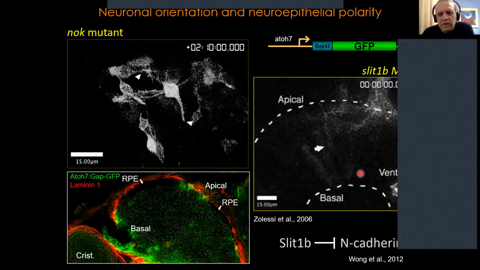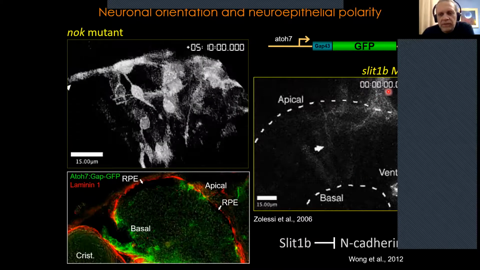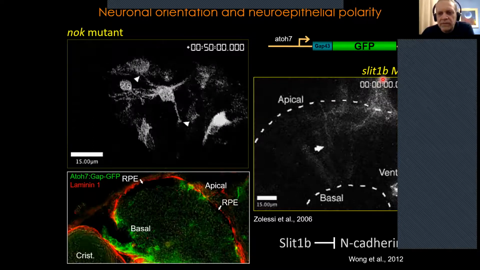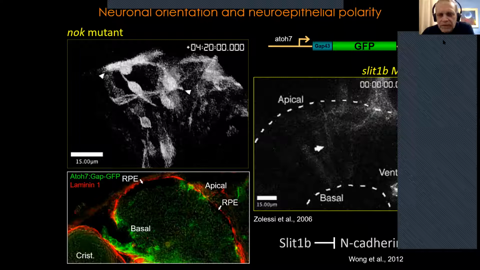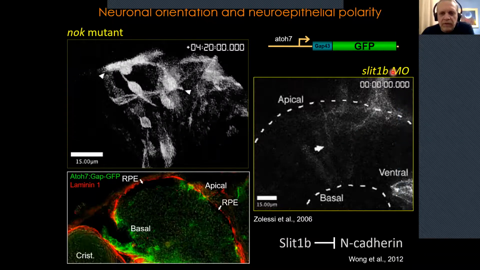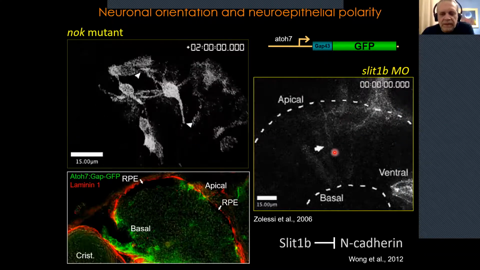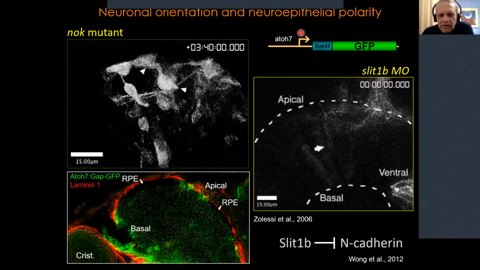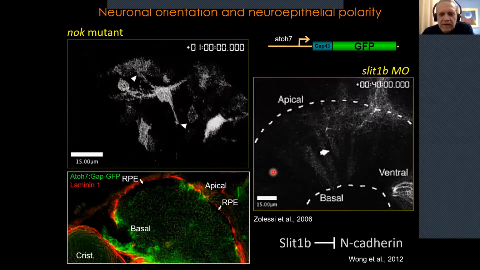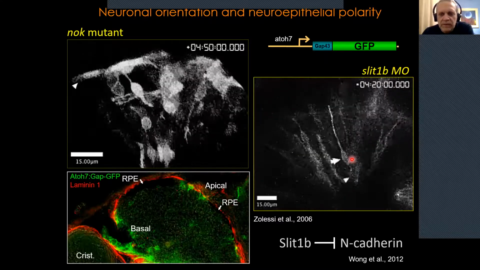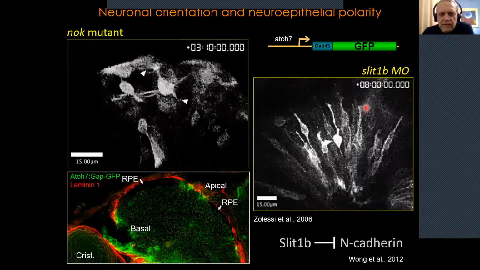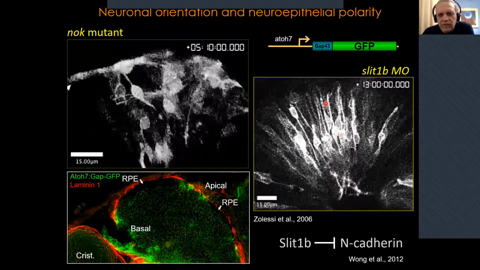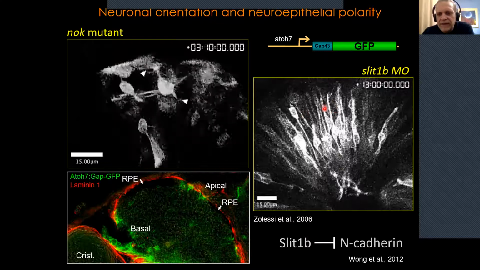Something else we looked at was the eventual role of some of the slit proteins, and in this case I'm showing you here a morpholino treatment of an embryo for slit1b in the zebrafish. We are looking here again at confocal images, and again always using this same construct, and we see how when we disrupt slit1b expression, what we get is neurons that eventually make an axon, they differentiate quite well, except that they have a hard time retracting the apical process.